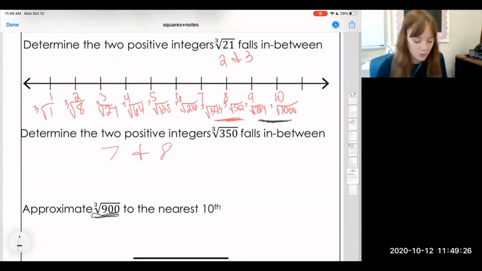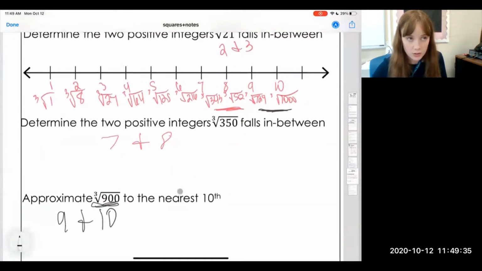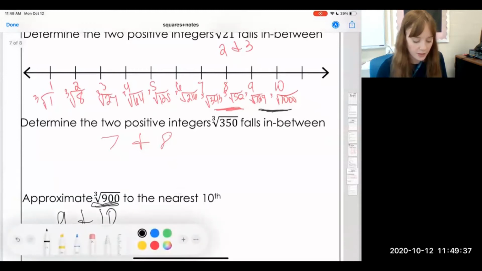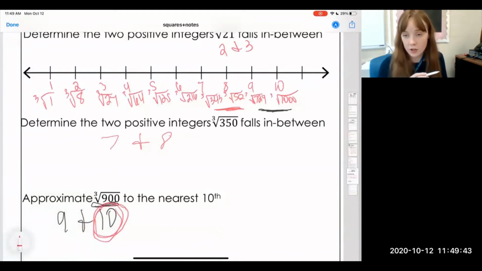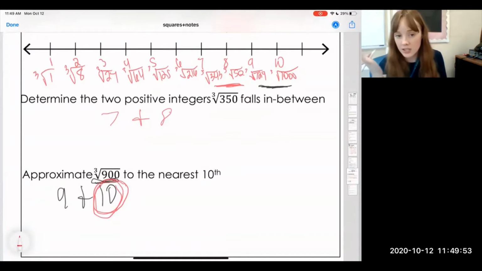So it falls in between 9 and 10. It's closer to the cube root of 1,000. 900 is closer to 1,000 than it is to 729, so that's the number it's closer to. So we have to think of a decimal that is in between 9 and 10, but closer to 10.